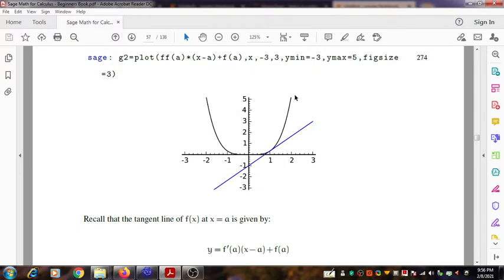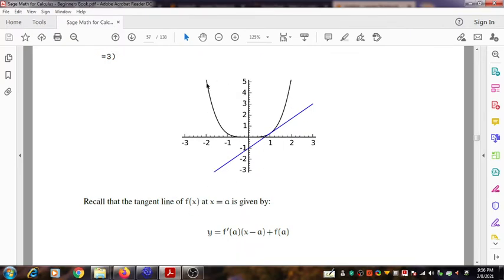This figure contains the curve of the given function f(x). In addition, it contains a straight line, this blue colored line.